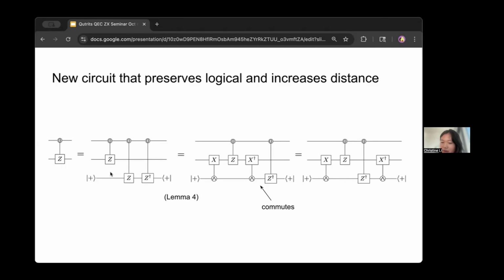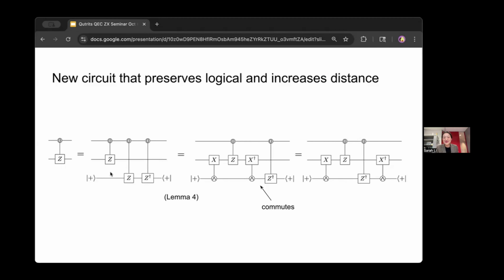So we end up with an overall circuit that has this CX conjugation, increasing code distance, but also maintains the logical zero-controlled Z.